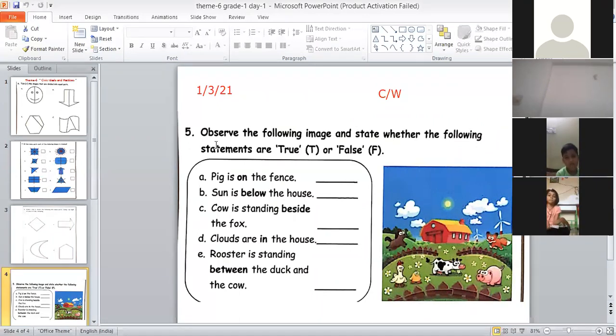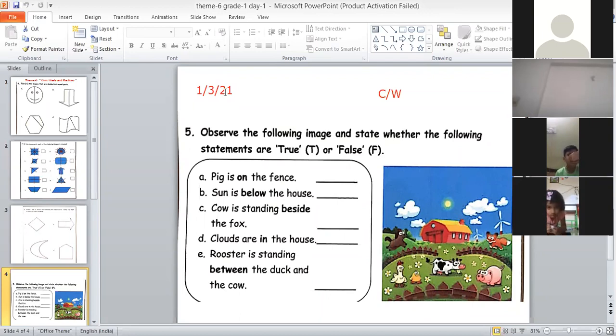Okay, ma'am. Observe the following image and state whether the following statements are true or false. Very good, Ashrita. You read it correct. Observe the following image and state whether the following statements are true or false.